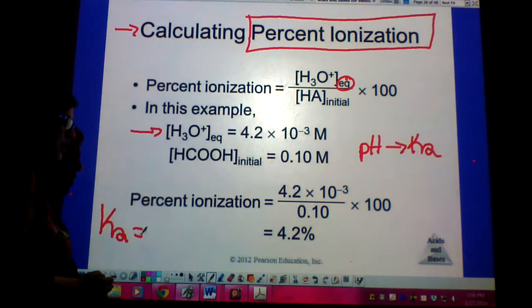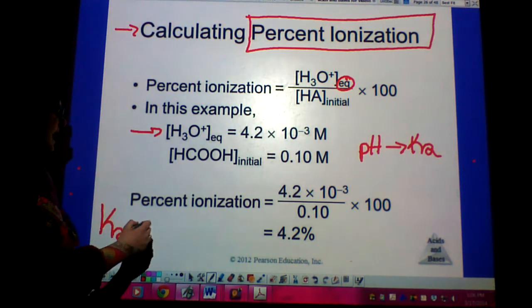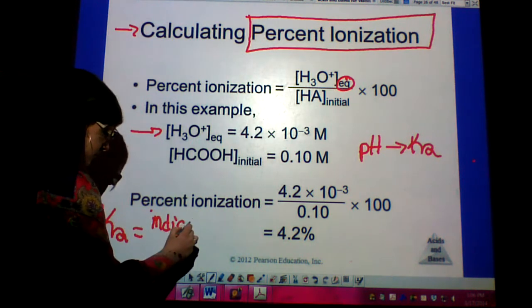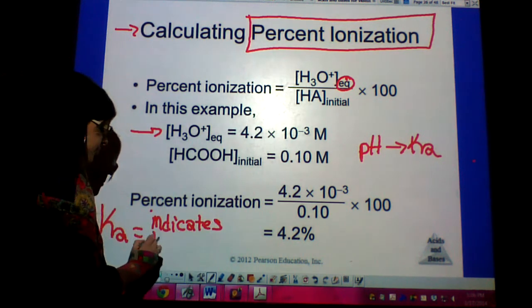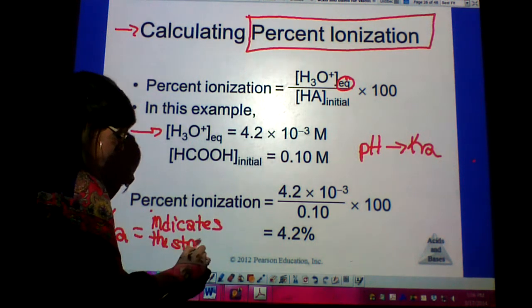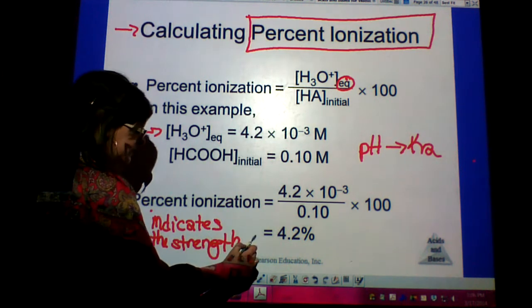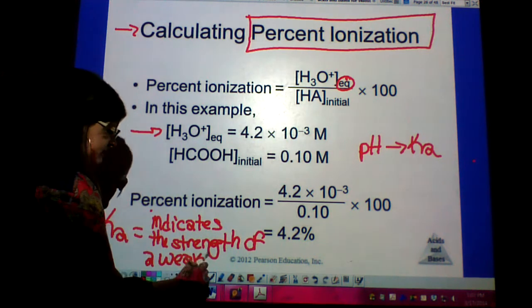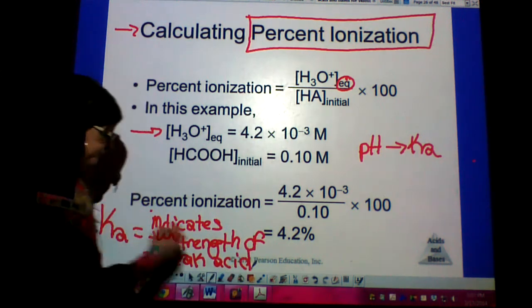I want us to refer to Ka as indicating the strength of a weak acid.